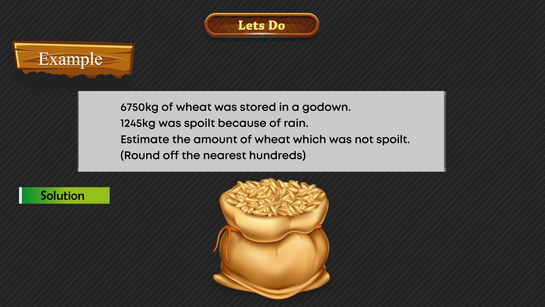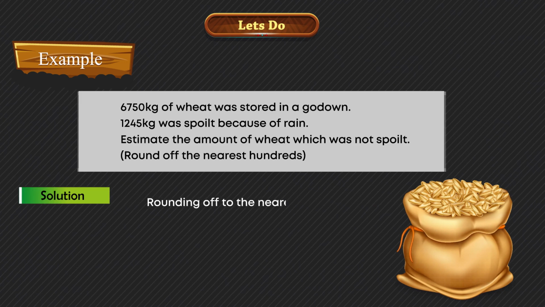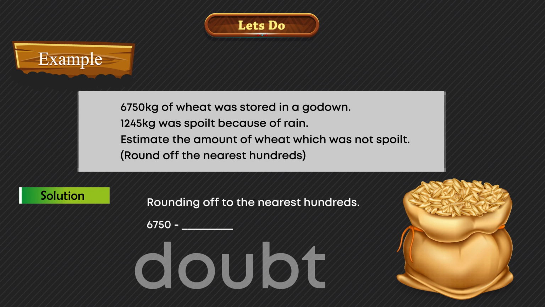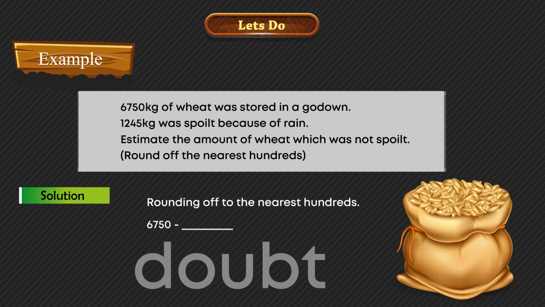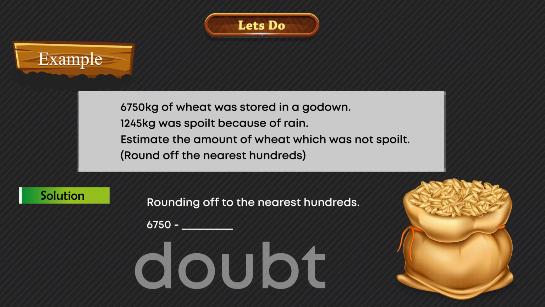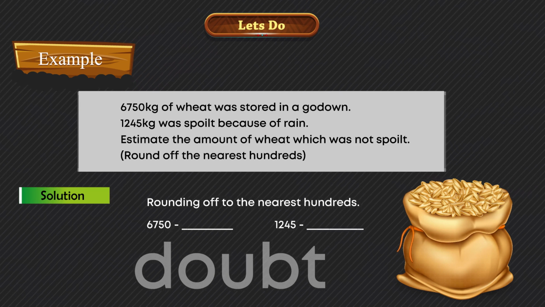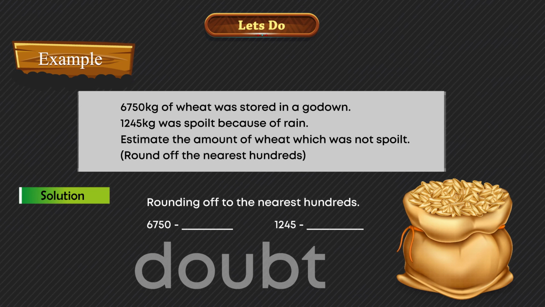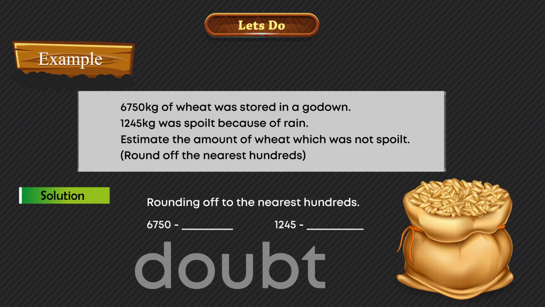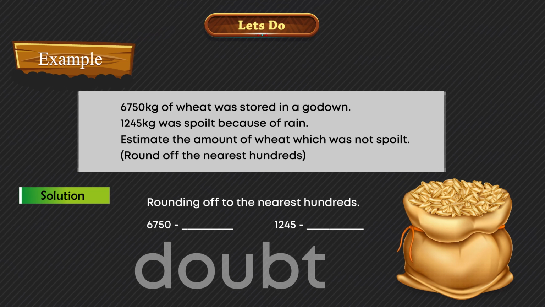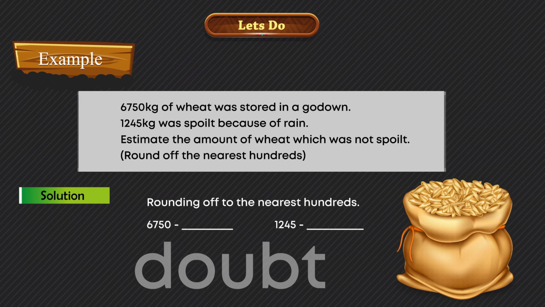Solution. 6,750 rounded to the nearest hundreds is 6,800 and 1,245 rounded to the nearest hundreds is 1,300. Estimated difference. 6,800 minus 1,300 is equal to 5,500.